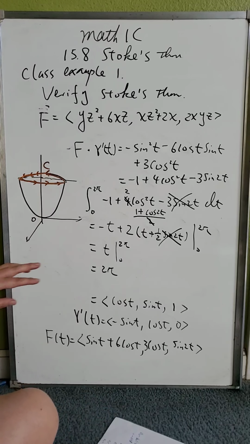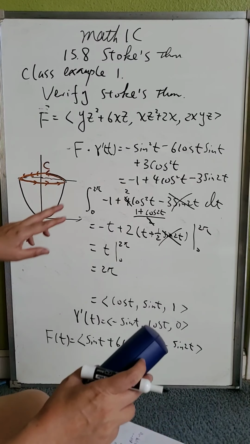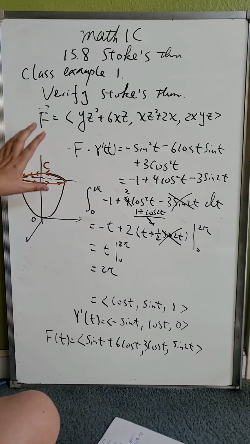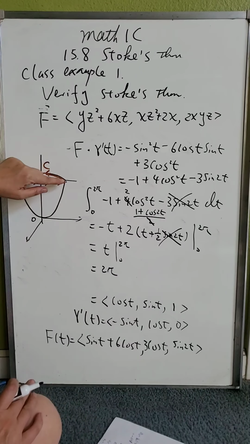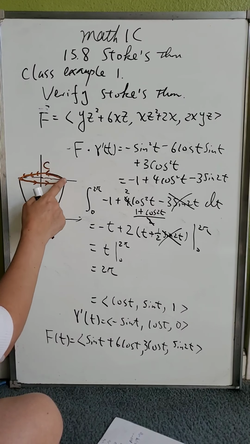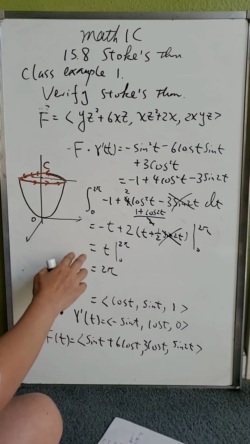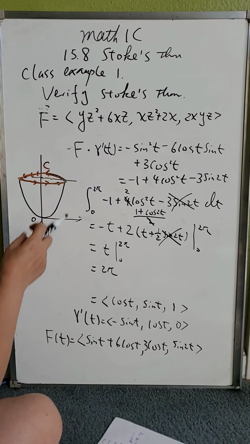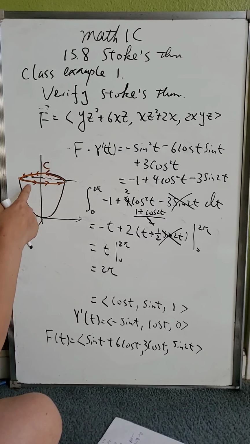So that is for one side. Now I need to go to the other side. So I first calculate the work done along here, because those said the work done along the boundary of the surface is the same as the work done on this circulation. Circulation is the same as work done.